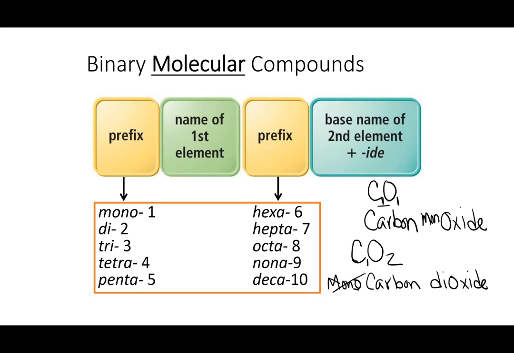In the helpful handouts, I have posted a very, very good worksheet called Naming Compounds. Naming Compounds will mix together covalent, ionic, transition metals, polyatomic ions. So it's mixed everything into one worksheet.